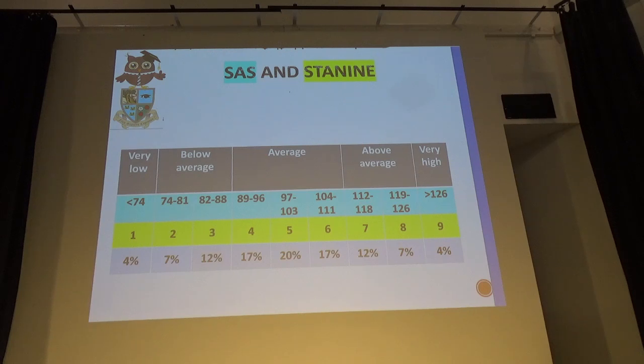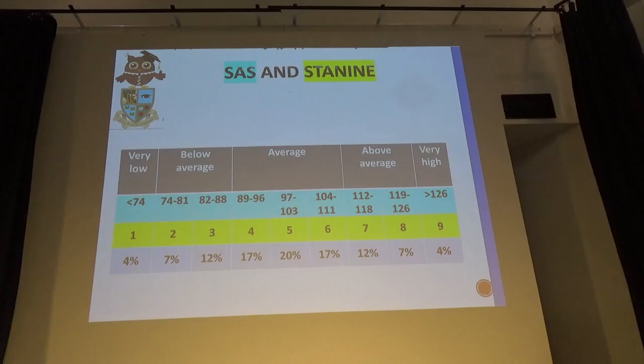If a child gets from 88 and below down to 74, that's slightly below average. Actually, quite a lot of our younger children are getting attainment scores that are below average because they come from so many different systems and different language levels as well.